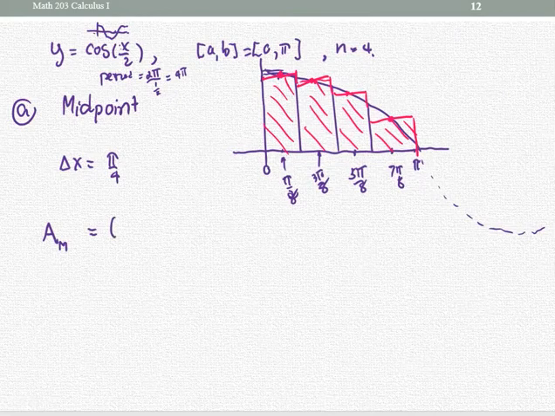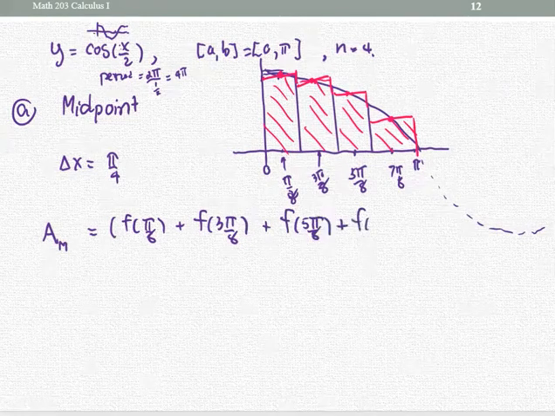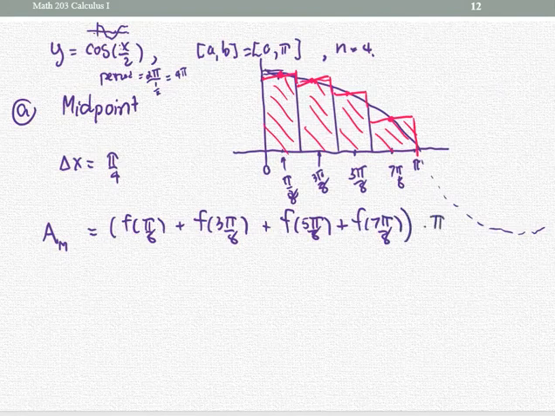So it will be the function at pi over 8 plus the function at 3 pi over 8 plus the function at 5 pi over 8 plus the function at 7 pi over 8, and then multiply by the width, which is pi over 4. Again, the function is cosine of x over 2. Just make a list, and make sure you don't miss anything.